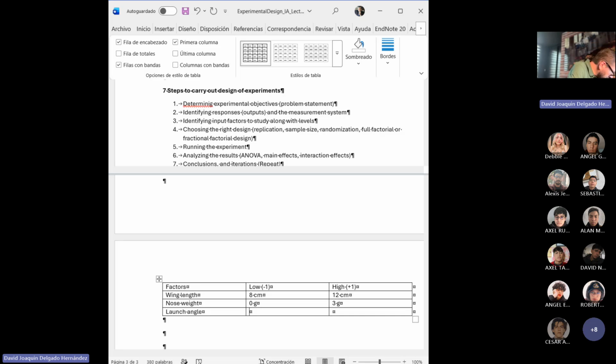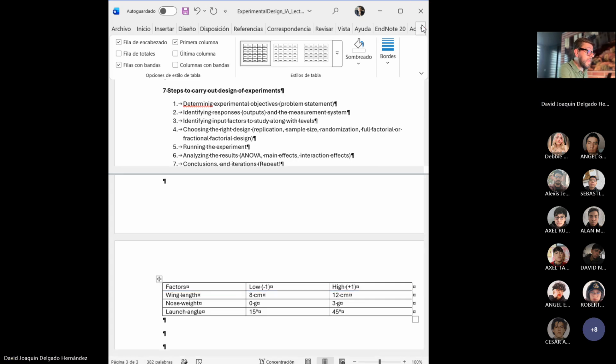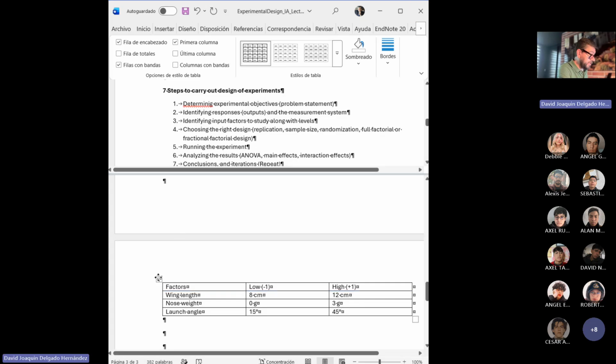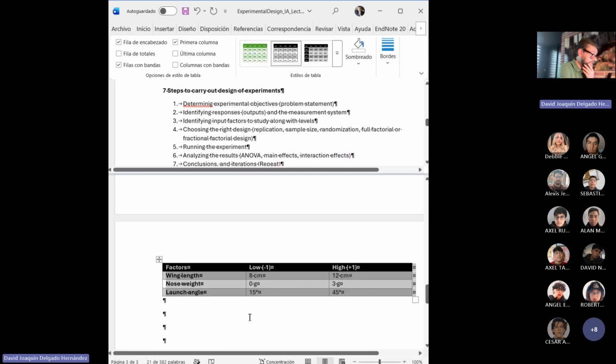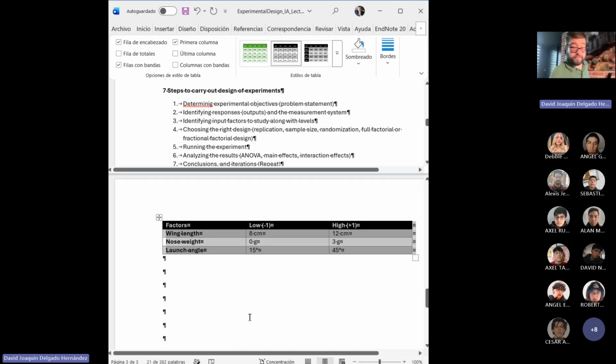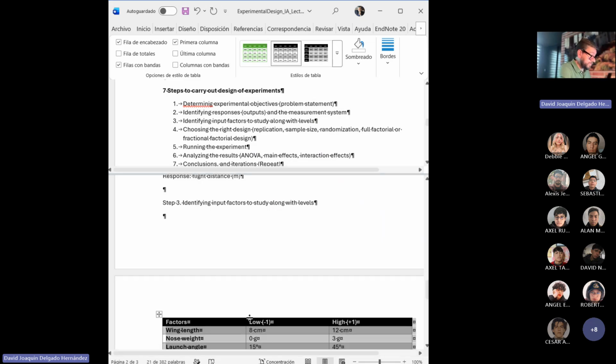Okay, so let us use 15 degrees. And the high will be 45 degrees. Okay, perfect. So let me put this in a beautiful way. This kind of table, I like it. Okay, so that is step number 3, identifying factors to study along with levels, 2 levels, low and high.